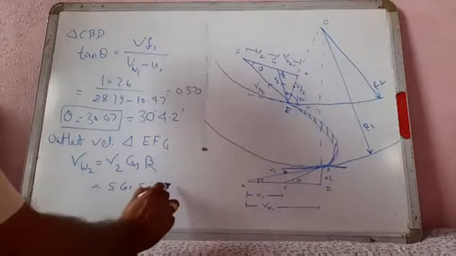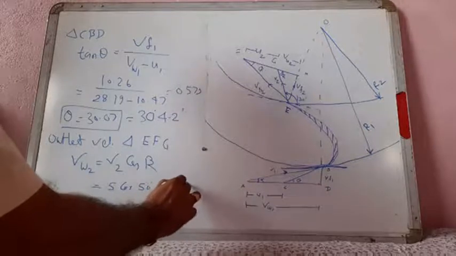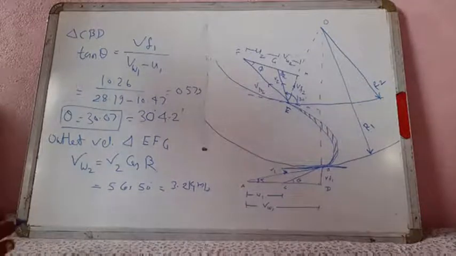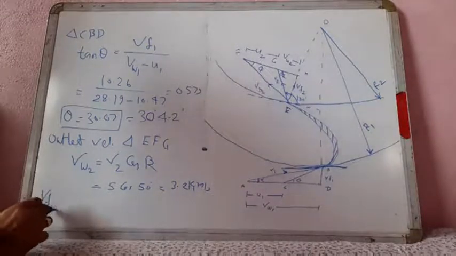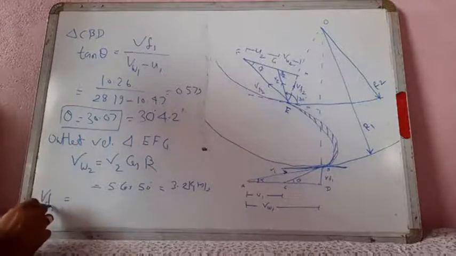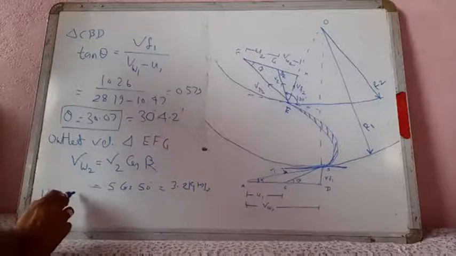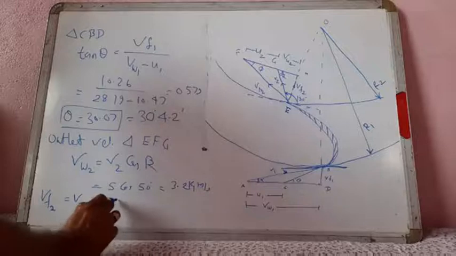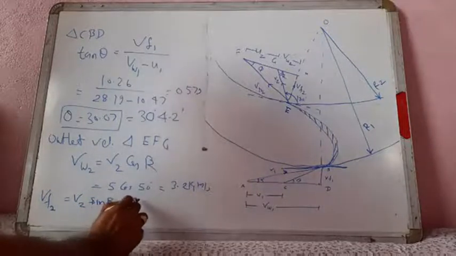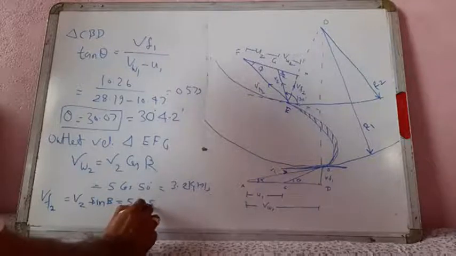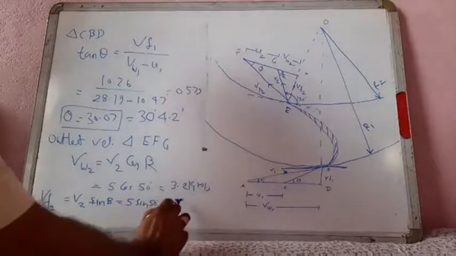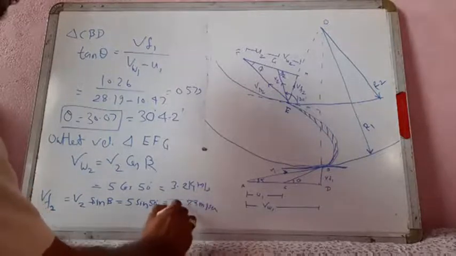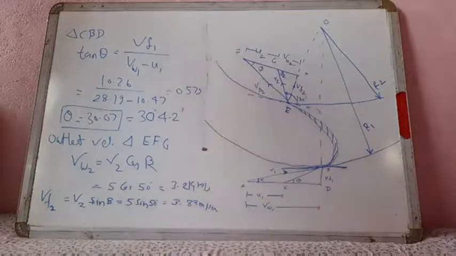So this comes to 3.214 meters per second. And the value of VF2 equals V2 sin beta equals 5 sin 50. So this value comes to 3.83 meters per second.